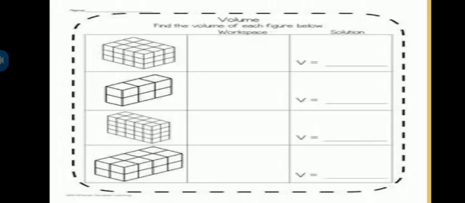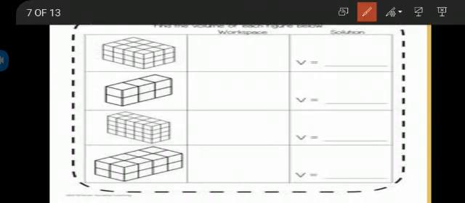Okay, so now this is another worksheet, how we find the volume of these 4 objects. Here you see, lengthwise 4 cubes are present. Breadthwise 3 cubes are present, and heightwise 3 cubes are present.